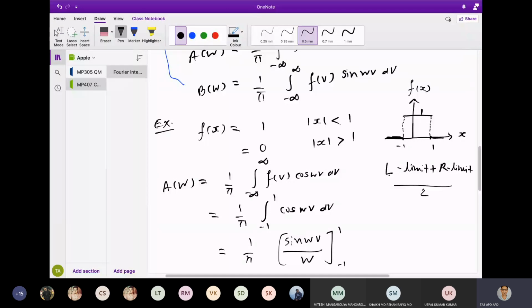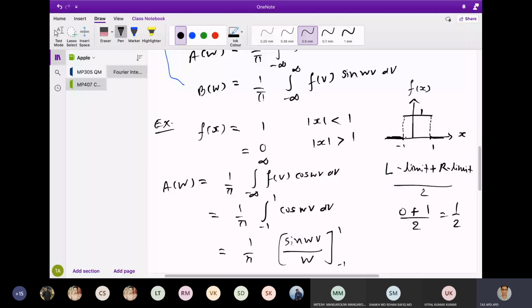On one side the function is 0, so 0 plus, on the other side the value of the function is actually 1. So 0 plus 1 by 2, that is equal to 1 by 2.